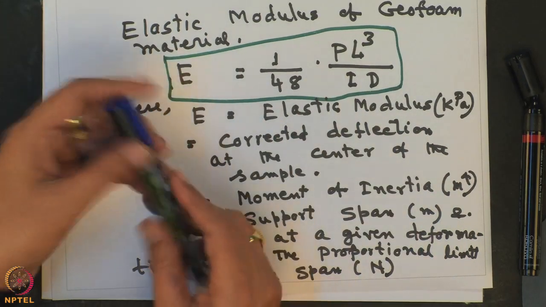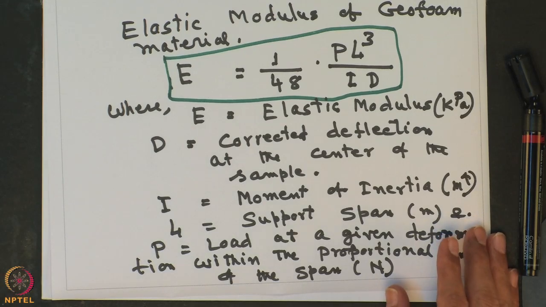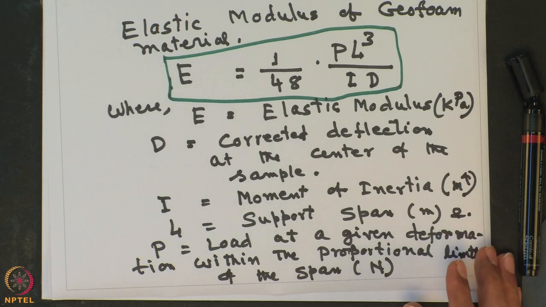So, you know this equation, you know what should be the elastic modulus of the geoform material, and you know what will be the D, the corrected deflection. You know what will be the I, already calculated earlier, the moment of inertia, and also L, the support span, and P is the load applied.